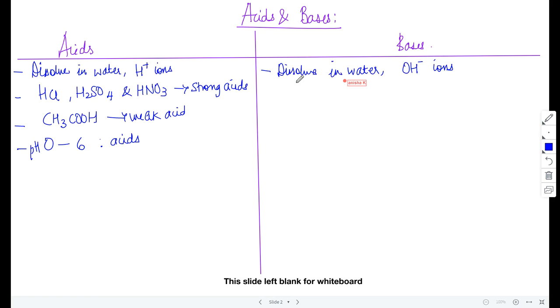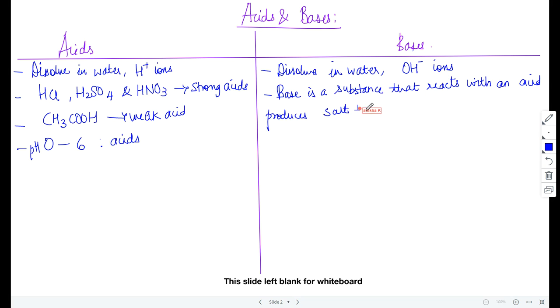A base is a substance that reacts with an acid and produces a salt plus water. Always remember, bases react with an acid to form salt and water.